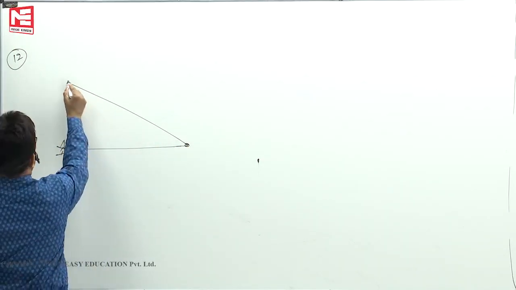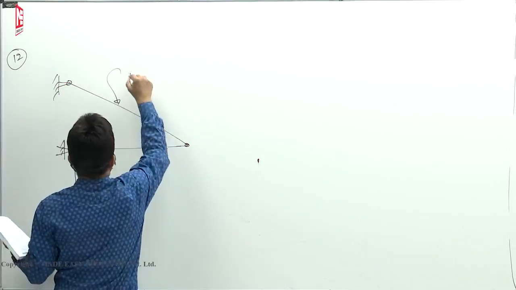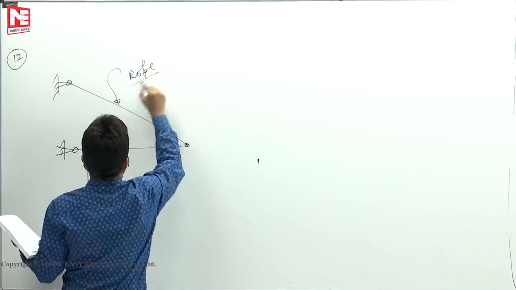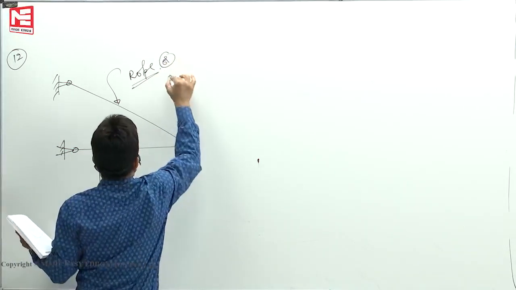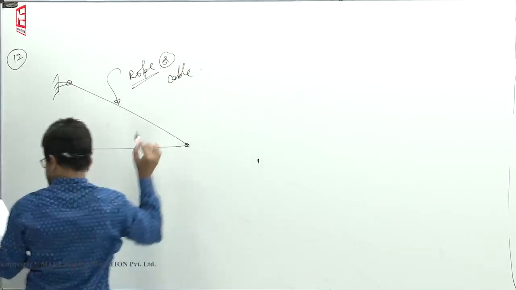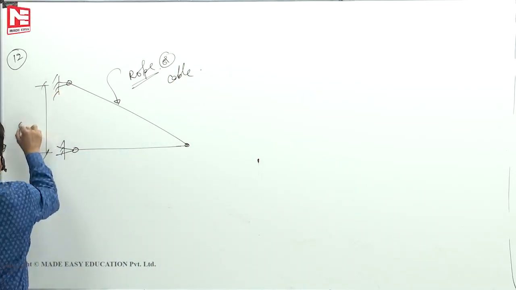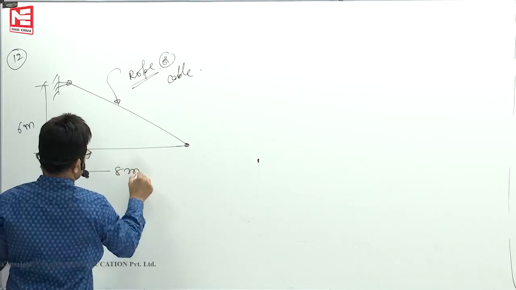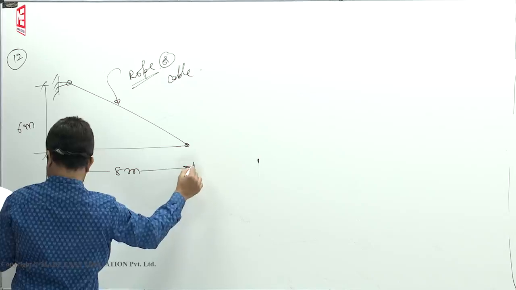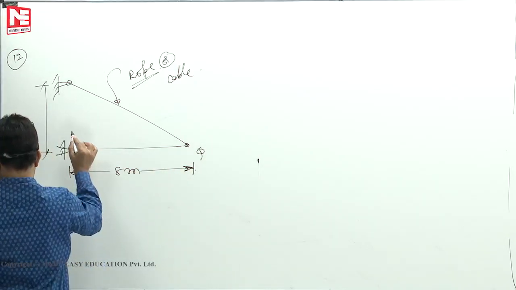He has given that it is a rope, which means it can only take tension, or cable. Whatever it is, both mean the same. This is 6 meters. Then this is 8 meters. Okay, Q, P, R.